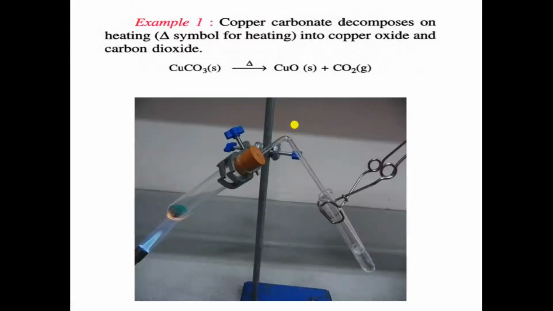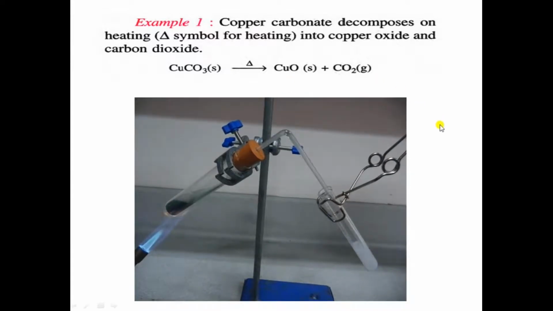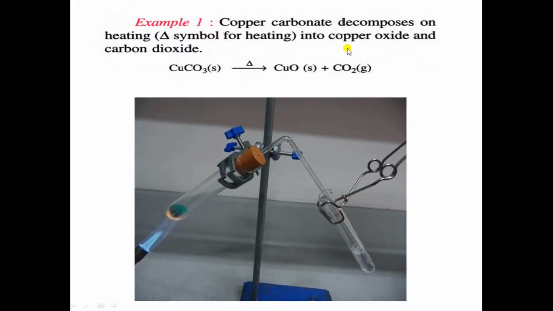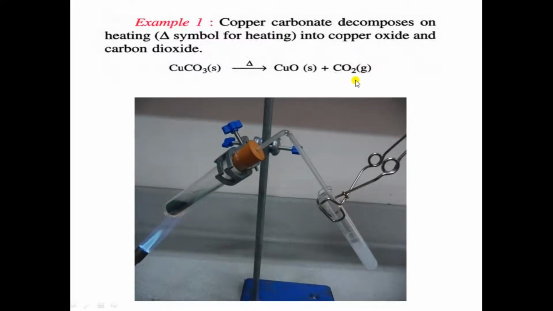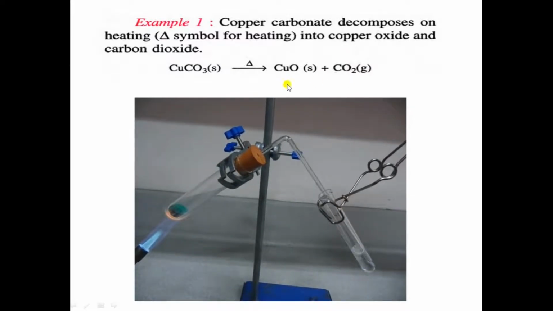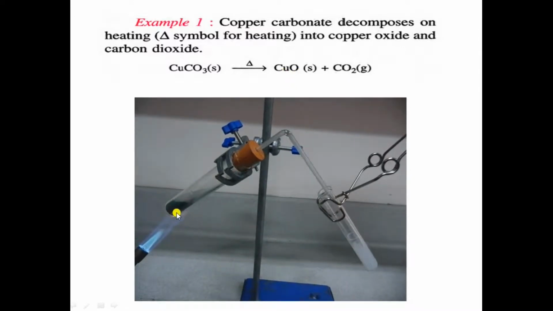Now this is a heating process, that means decomposition of some compounds. What we can see is that when copper carbonate decomposes by heating, copper oxide and carbon dioxide gas are formed. In this test tube, copper oxide is formed, which is black in color.